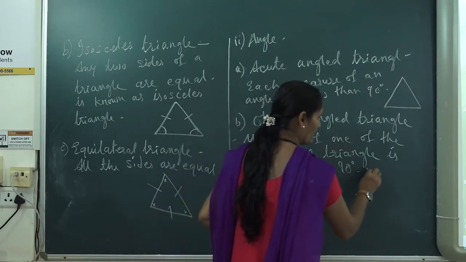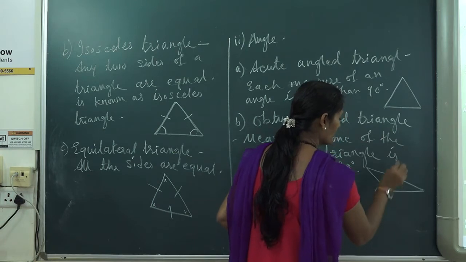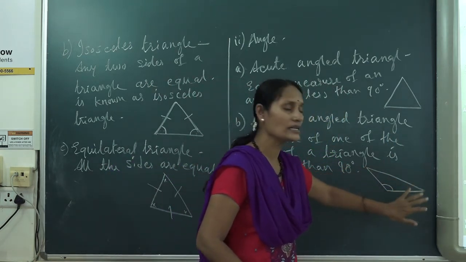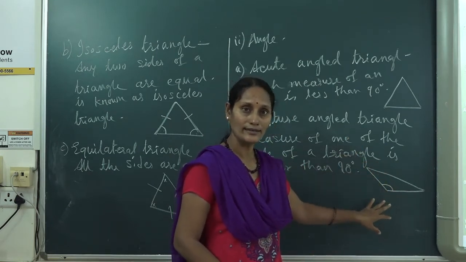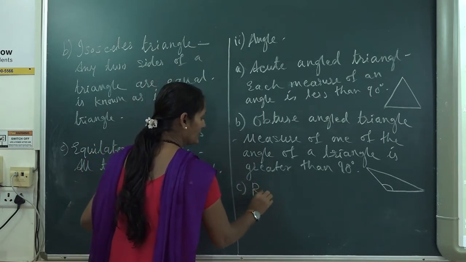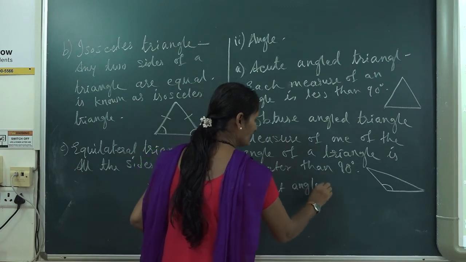Now if I will draw a figure for you, so this measure will be greater than 90 degree and rest of the two angles are acute angles. So this is known as obtuse angle triangle. Then the next one comes right, R-I-G-H-T, right angled triangle.